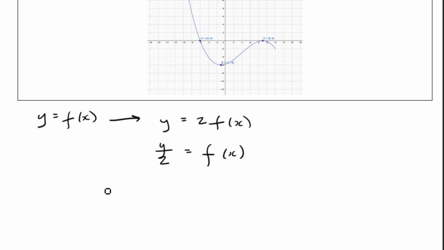Then our rules predict that what we will have is a stretch parallel to the y-axis of scale factor 2. So for those key points, all of their x coordinates should stay the same and their y coordinates should become twice as big as they are.